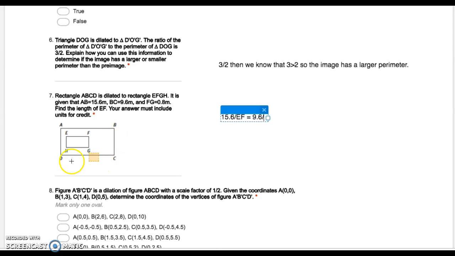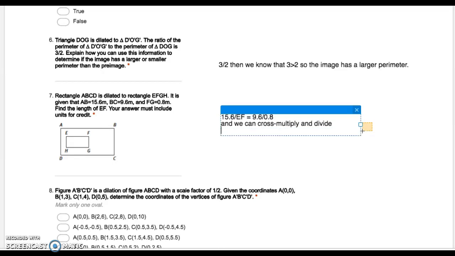And I'm going to put that over the other thing that it tells us, which is the corresponding side, FG, which is 0.8. So now we have a proportion, and we can cross multiply and divide. We've been doing that for a while.